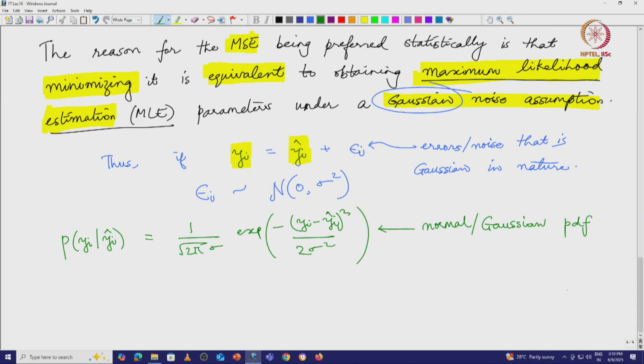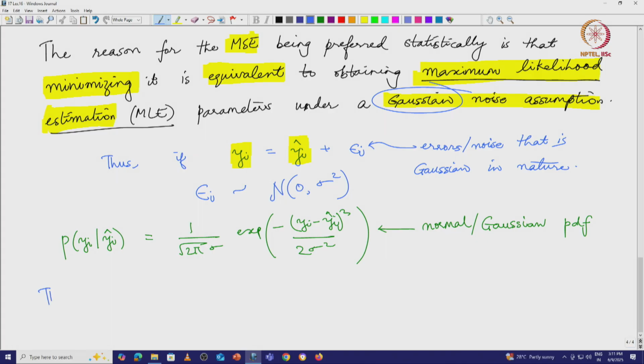Now, given that this is the PDF, you can write down what is the likelihood function. How likely is it that if you had the entire data set, you would be able to obtain y1, y2, y3, y4 and so on and so forth.